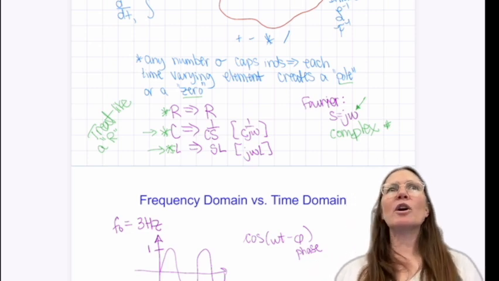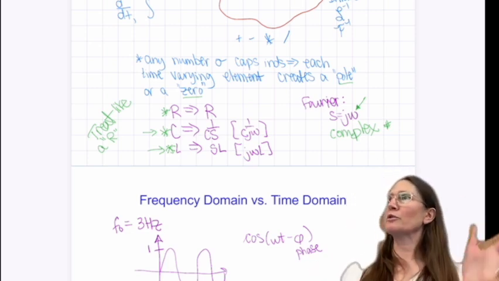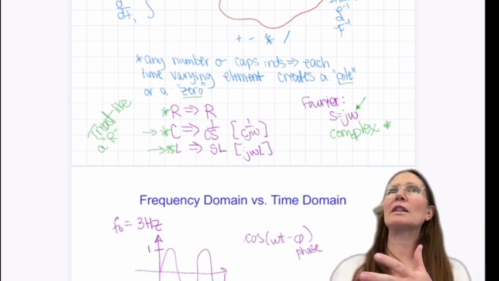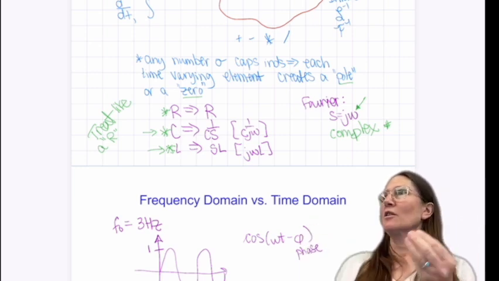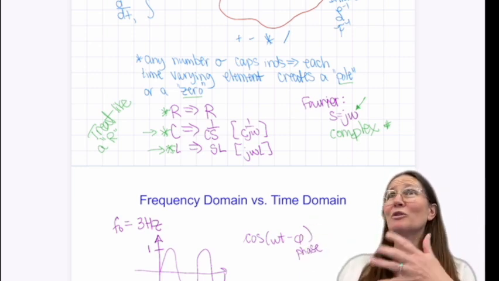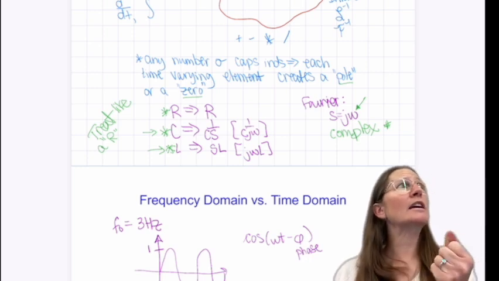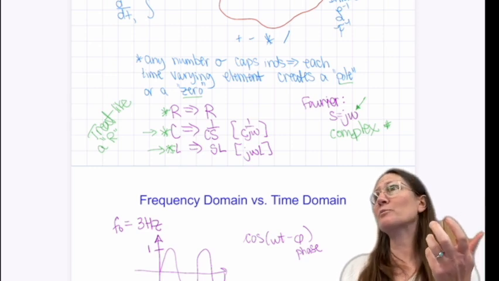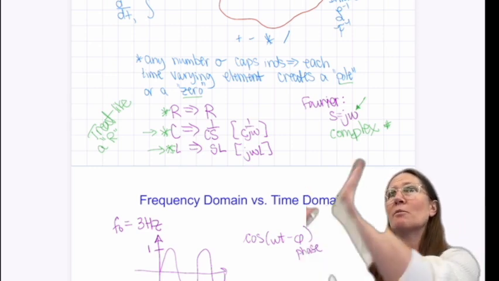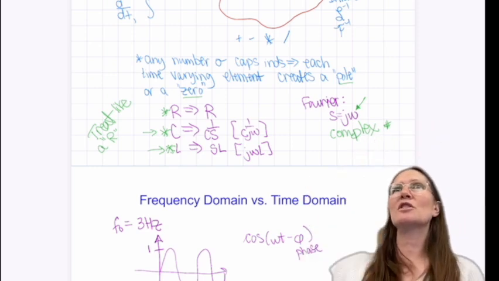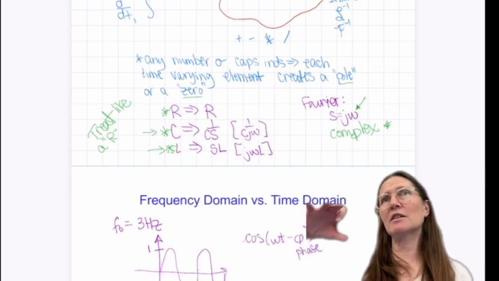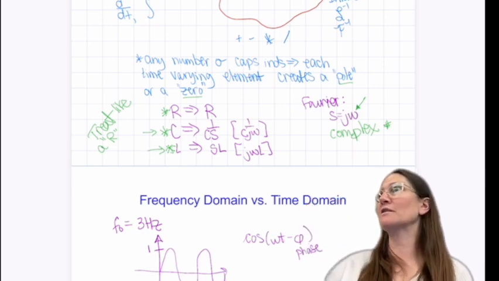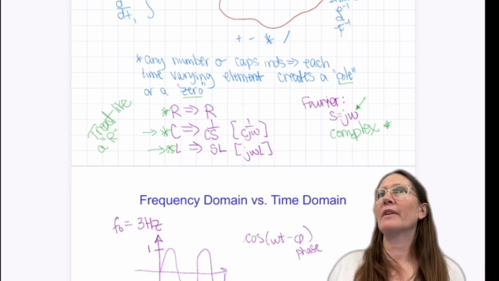Once I get this complex number, I use the rules of complex numbers to add, subtract, multiply and divide, and in the end I get an output expression: output is equal to some function times my input. I take that input and divide it into the V out, and that's my transfer function. Okay.